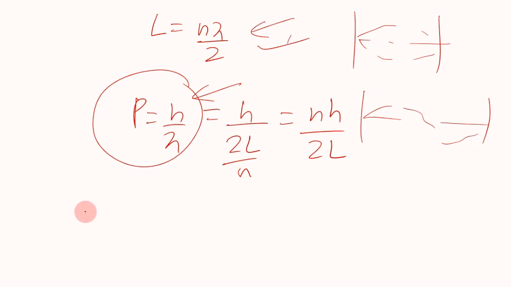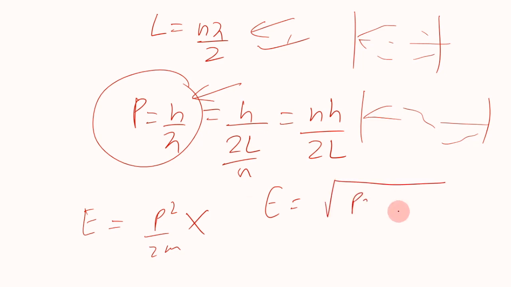Now what you have to change is that you take energy as p square by 2m, and this you can't take. What you have to take is the relativistic energy, which is the square root of (pc) square plus (mc square) whole square.